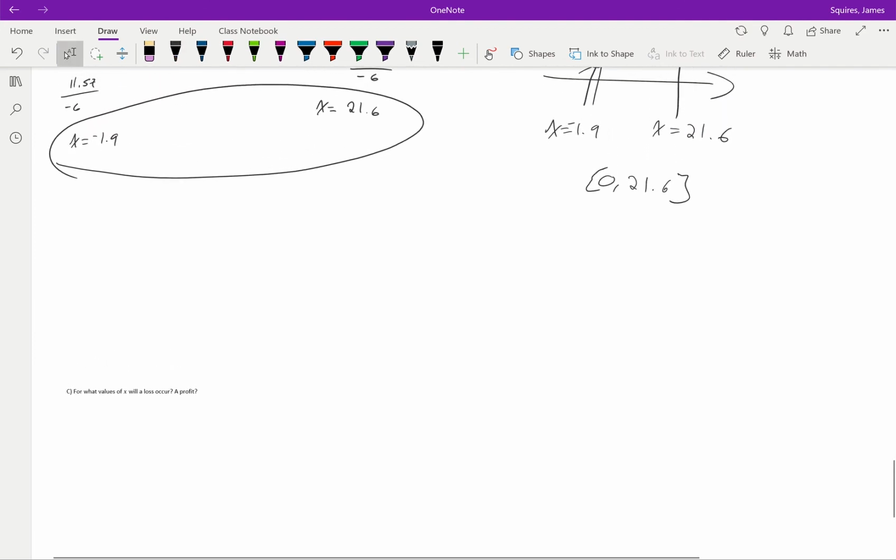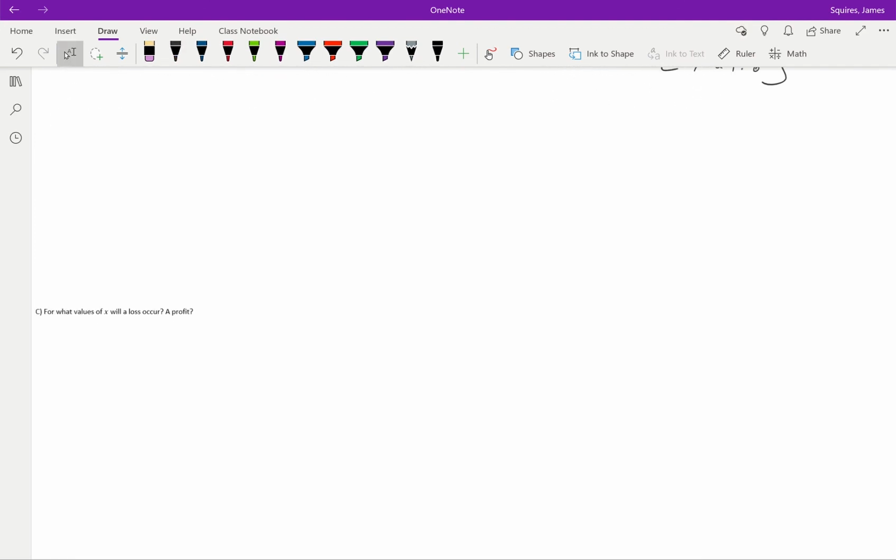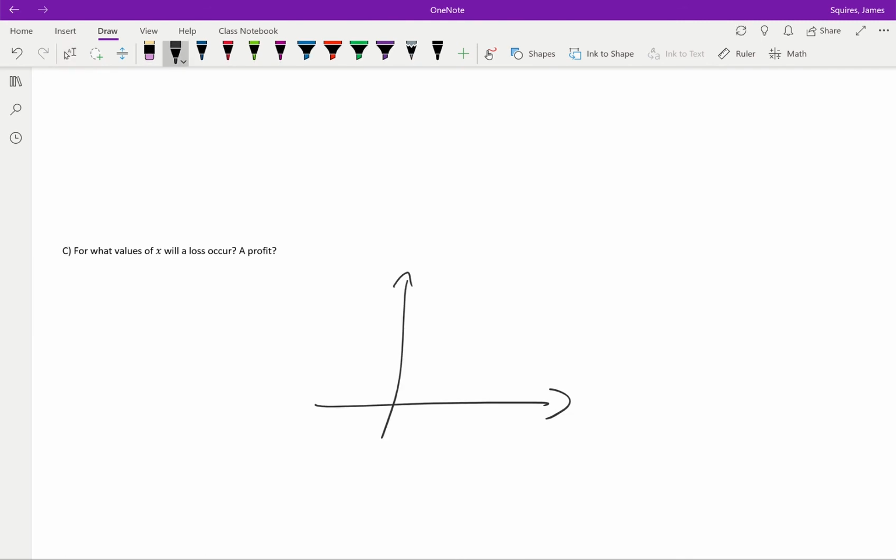Alright, and now we can ask the question, for which values did a loss occur? Remember, a loss occurs whenever our costs are greater than our revenue. So we've got our revenue function, we've got our cost function, and we know that at this value we have 21.6 units.